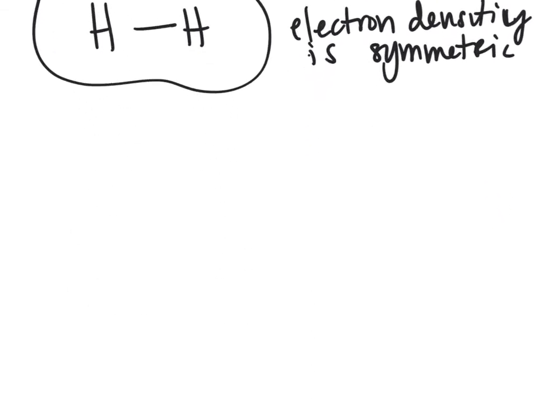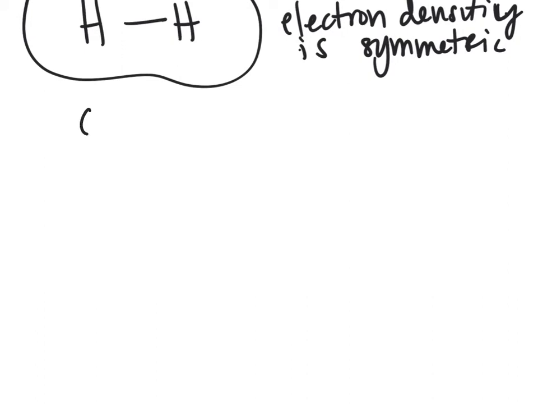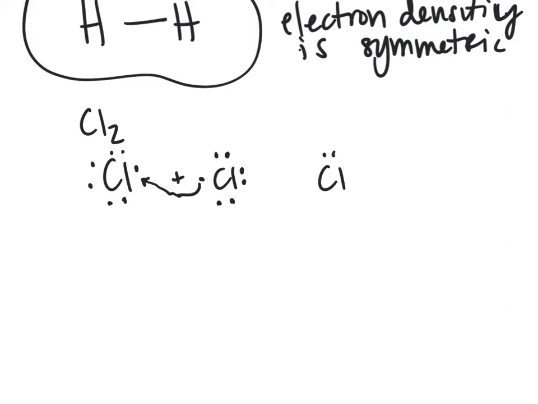So let's look at chlorine. If we want to make Cl2, where we have chlorine with its electrons, it will have 7 valence electrons, plus another chlorine, which also has 7 valence electrons. So we can see that there are 2 electrons that might want to interact together, to where we could get chlorine with its 7 electrons to interact with the other chlorine.